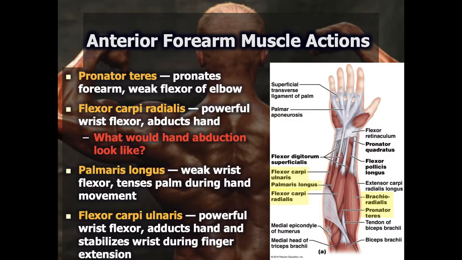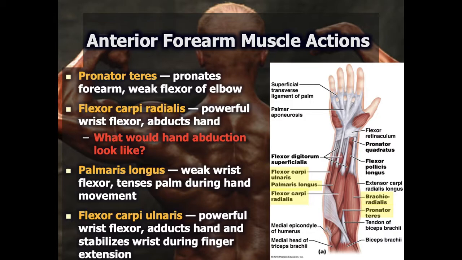Then if we jump down, we'll go back to palmaris longus, but if we jump down to the flexor carpi ulnaris, which runs along the other side, along your pinky side, he's also a flexor, but instead of abducting, he can adduct. He can pull that direction. Okay?